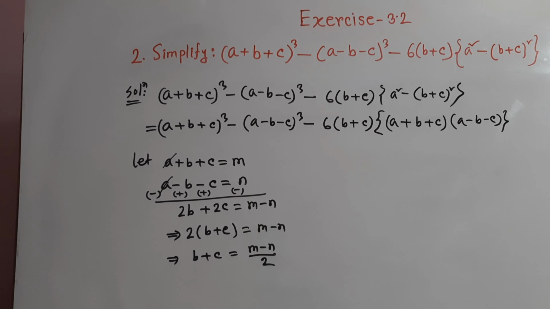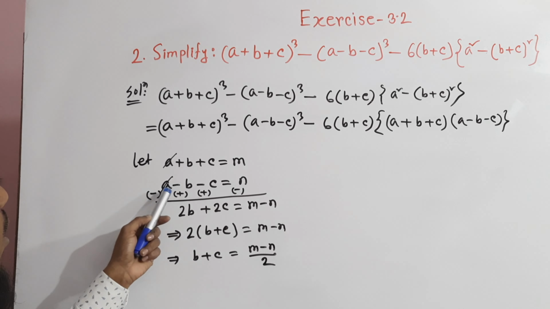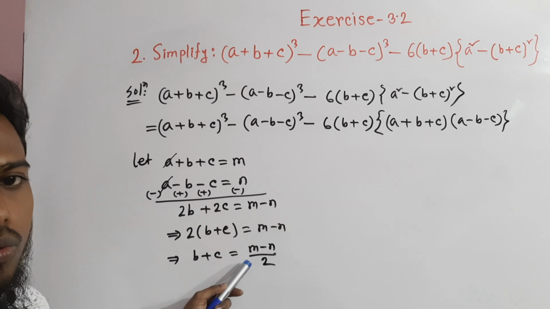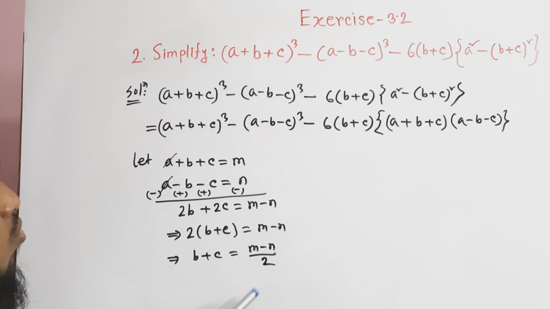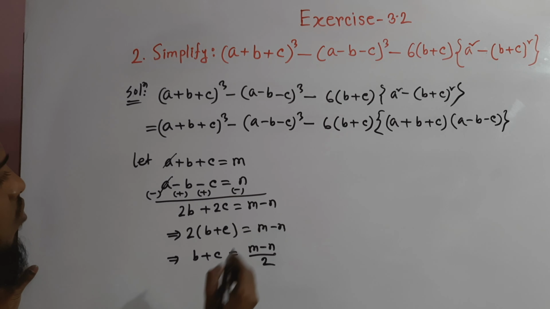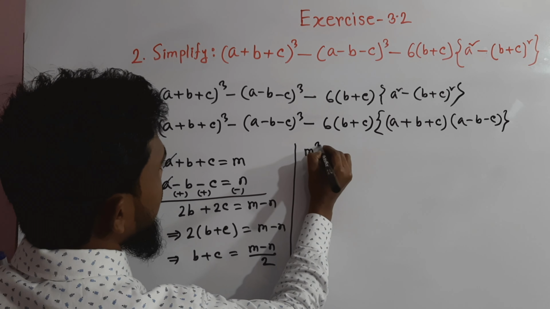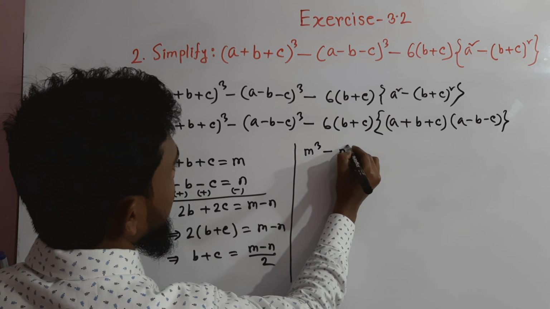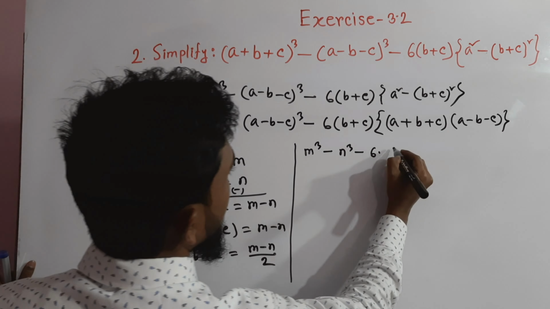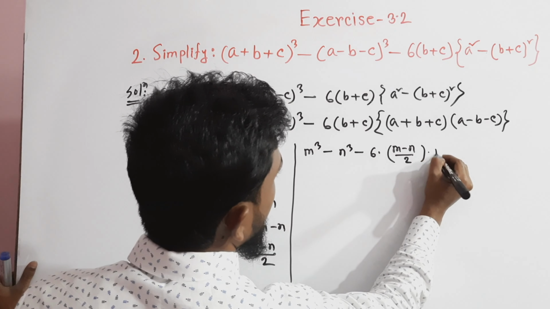Dear student, putting the value of a plus b plus c equal to m, a minus b minus c equal to n, and b plus c equal to (m minus n) divided by 2 in this expression, the modified expression is m cube minus n cube minus 6 into (m minus n) divided by 2 into mn.